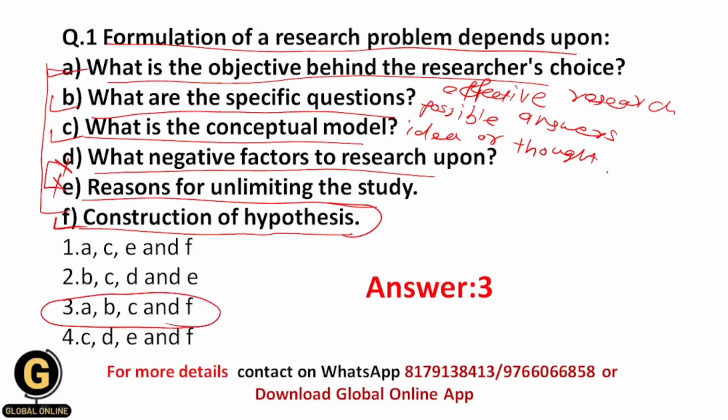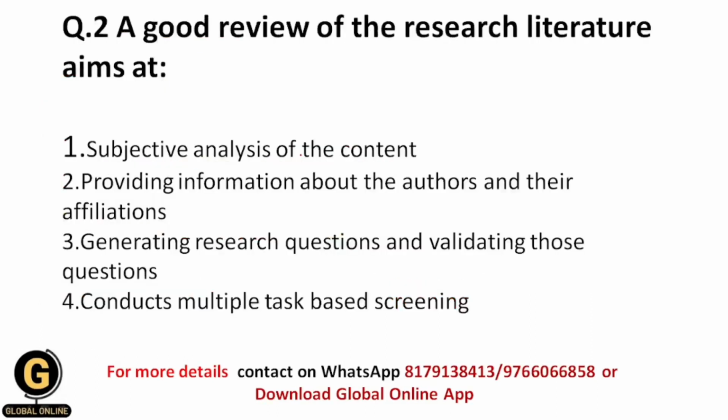Now students, in this question: a good review of the research literature aims at. So what is the aim of a good review of research literature? What is the review of literature? It is the basic thing whenever we start a research problem.